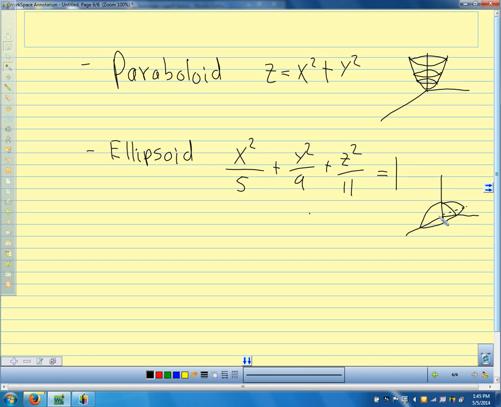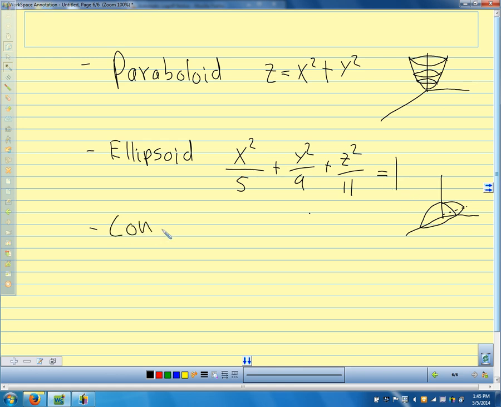So this would be kind of the top half of this surface. So it would kind of look like a squished sphere. We squish it this way and squish it this way. So kind of a football shape. A football shape would be an ellipsoid. And the traces in each of the coordinate planes are ellipses. That helps us visualize this thing.